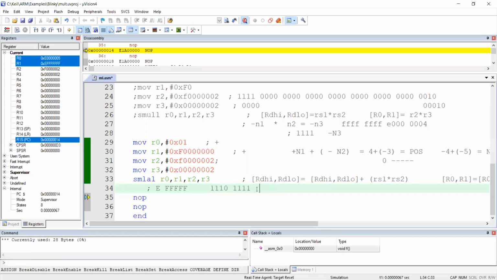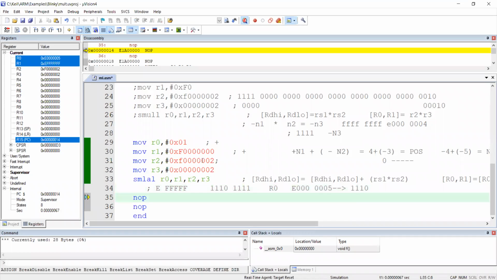Also, please observe the value of R0. What's the value of R0? Earlier also, now also, it started with E, again 3 zeros, then 3 zeros and 5. If you expand this number, E means this much. So here you can see the first bit, that means the MSB, is also 1, meaning negative.